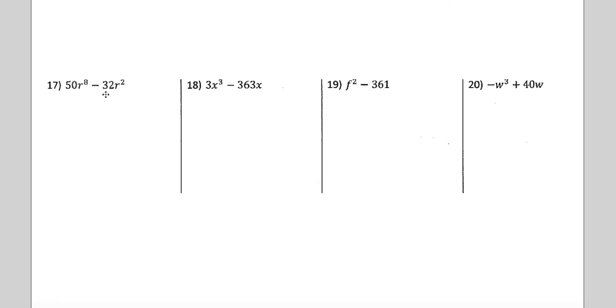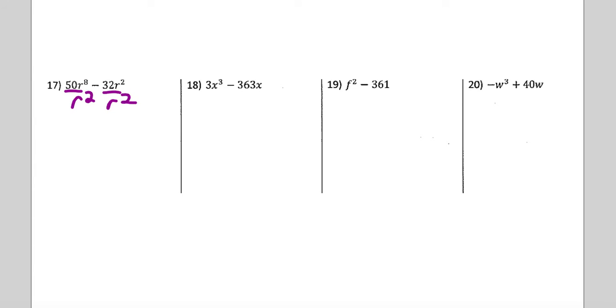Ooh, 17's fun. First thing I'm noticing, well, I get really attracted to high exponents, so I'm going to be able to factor out something because they both have the same base of r and the smallest degree is 2. If the directions say to factor, folks, even if you can only pull out a GCF, that's still factoring some of it. So I'm excited that I can at least do that.